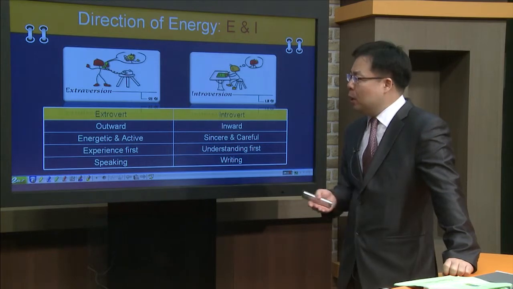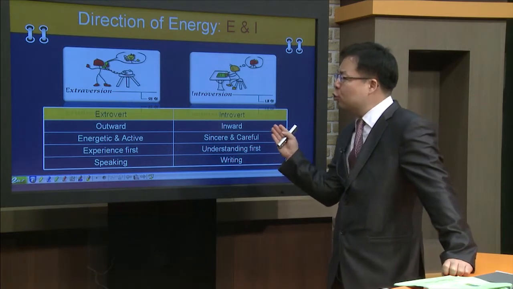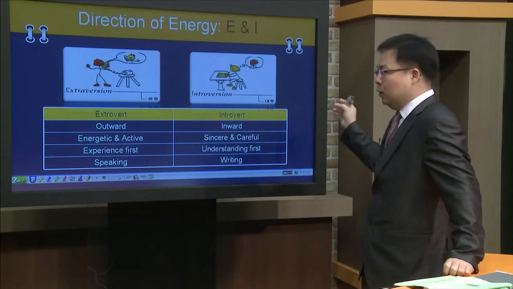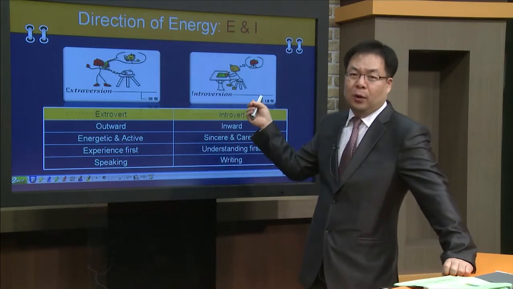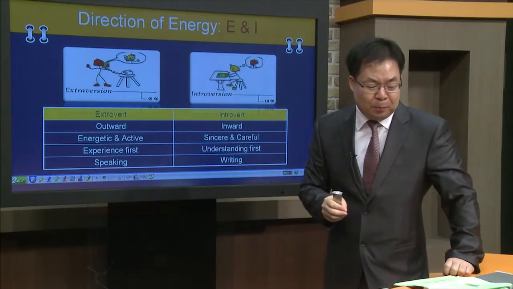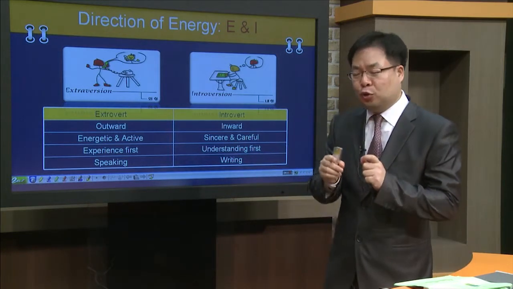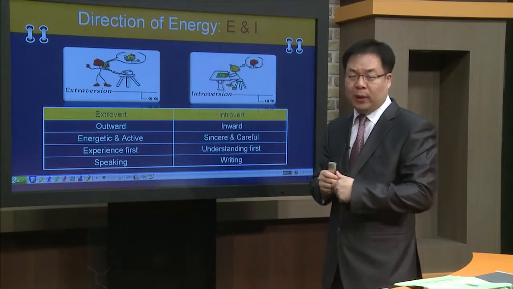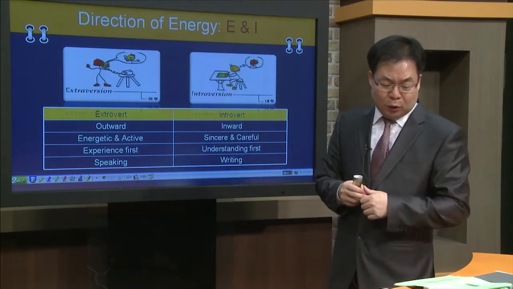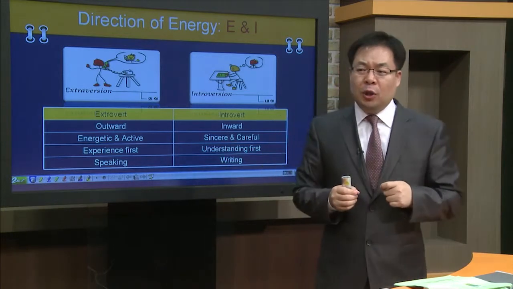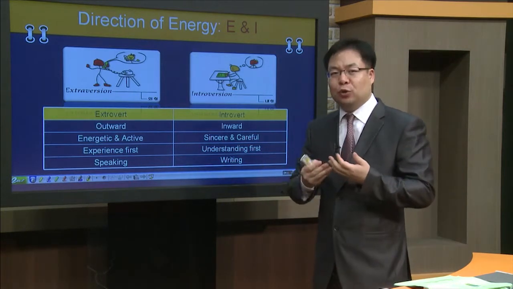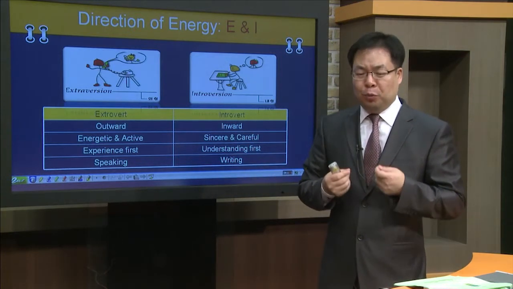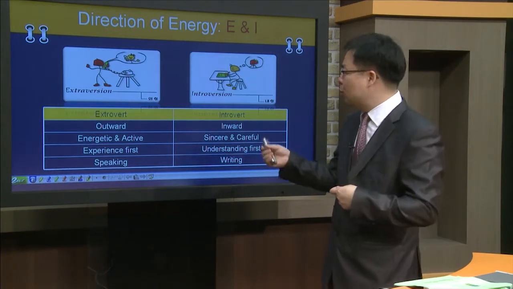Some people show very strong extrovert or very strong introvert, and some are a little bit neutral. But this type of testing asks you to choose one of the two choices anyway. So the first indicator shows the direction of energy. When you show your energy outward, you are an extrovert. When you put your energy inside, you are an introvert.